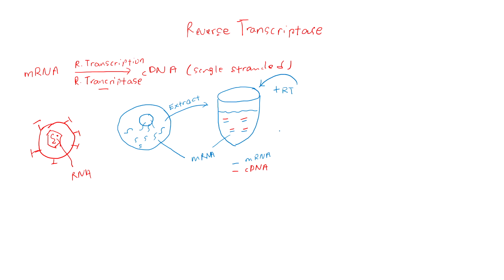When you have a cDNA, your purpose is to want to clone the DNA or transfer the DNA to another vector or another organism. So you need to clean out all the mRNA. So the next step will be to remove the mRNA.